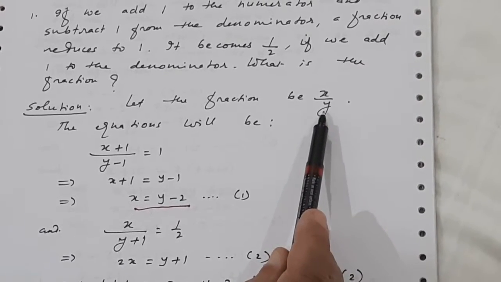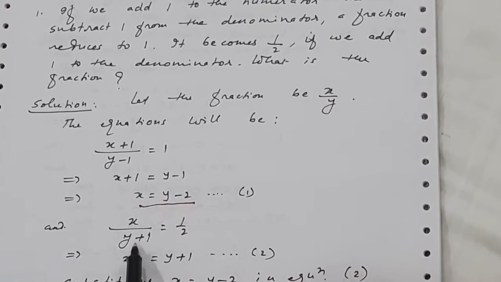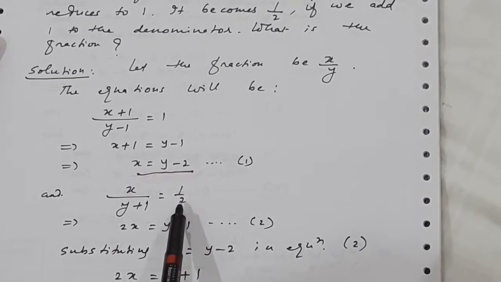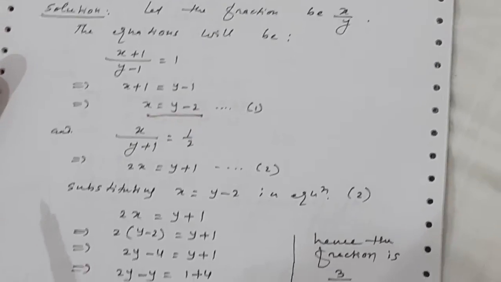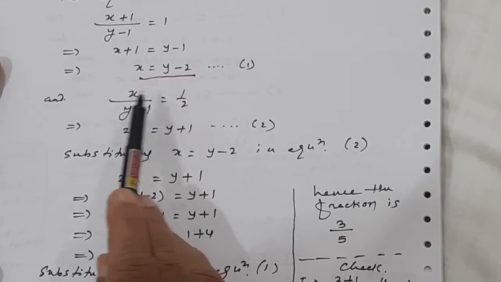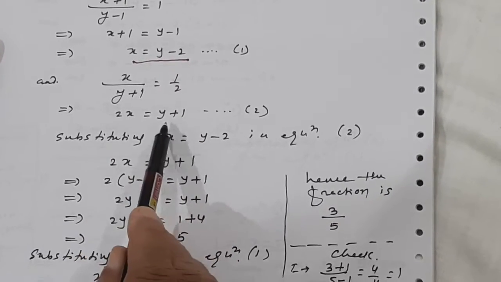Now add 1 to the denominator. So it will be y plus 1. X will be as it is. x upon y plus 1 is equal to, what will be the new fraction? 1 upon 2. Again simplify. So here cross multiplying. 2 will get multiplied with x, 2x, and 1 will be multiplied with y plus 1.